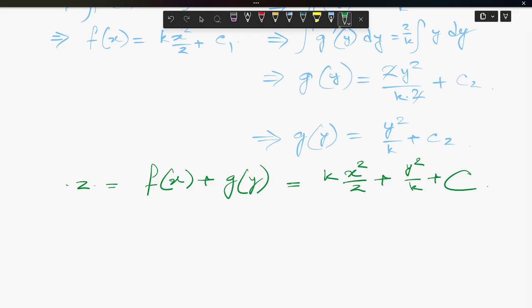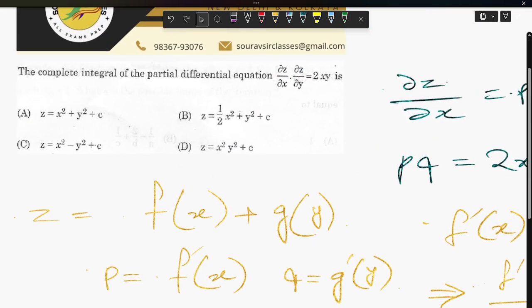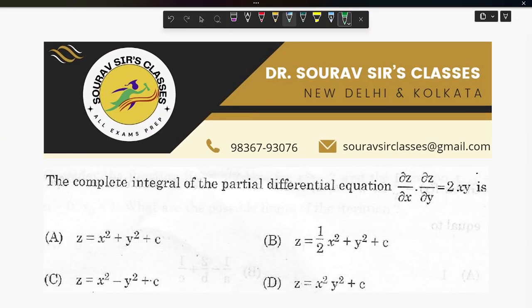Let us call it some big constant c. Okay, if we put the value of k as 1, then we will get half x square plus y square plus c. So that will be the correct solution of this question. This is the complete integral of the partial differential equation given in the question, so our correct answer will be option B.